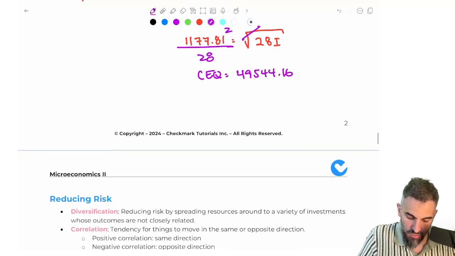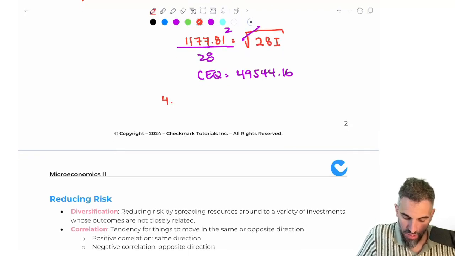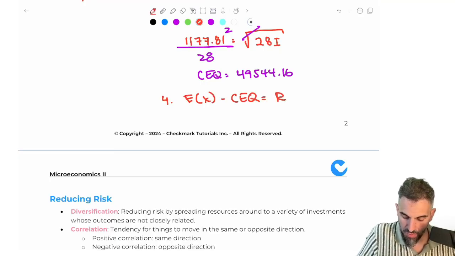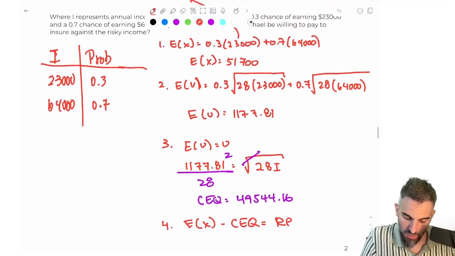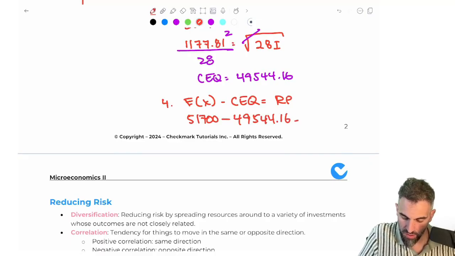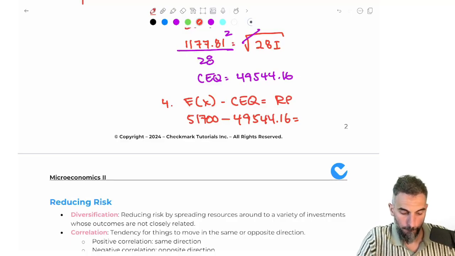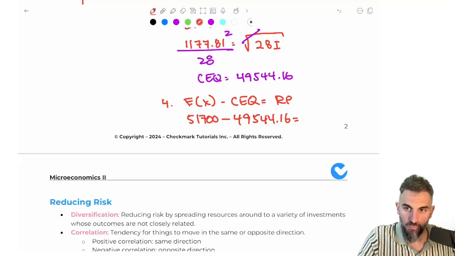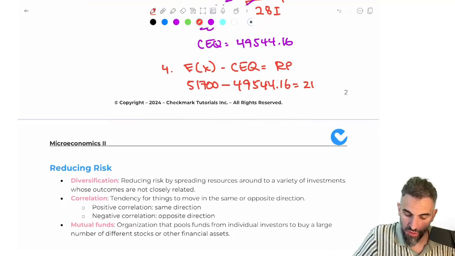And then your last step is what I said. You take the expected outcome minus the certainty equivalent, and that is the risk premium. So the expected was 51,700. The certainty equivalent is 49,544.16. The risk premium here is 2,155.